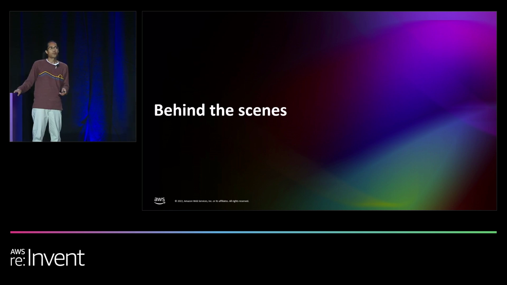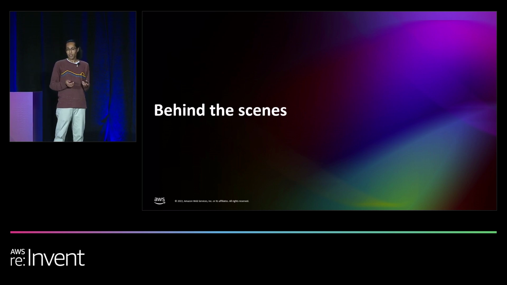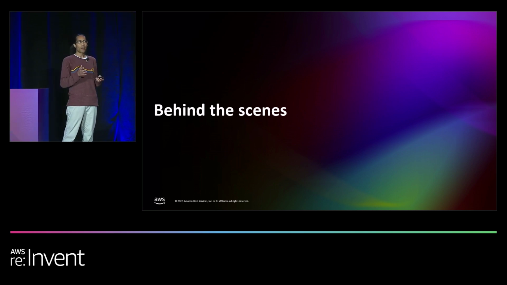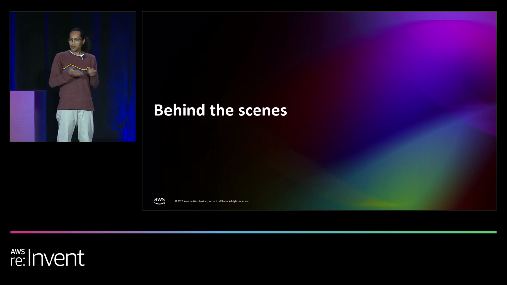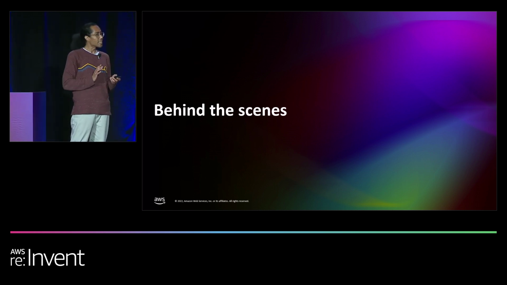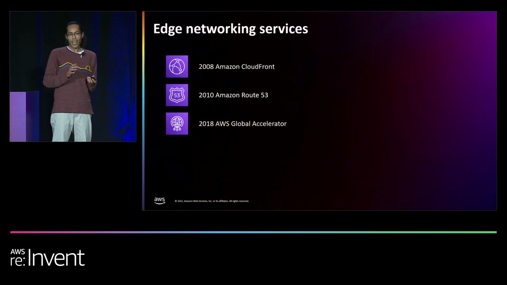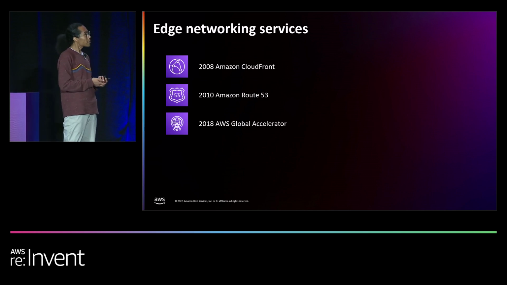So internet monitoring at AWS actually begins a lot earlier than when we started building this product. The very first line of code written for Internet Monitor was written about August of 2021. So fairly recently. But if we extend the time horizon back a few years, I've been with edge networking services my entire time at AWS.